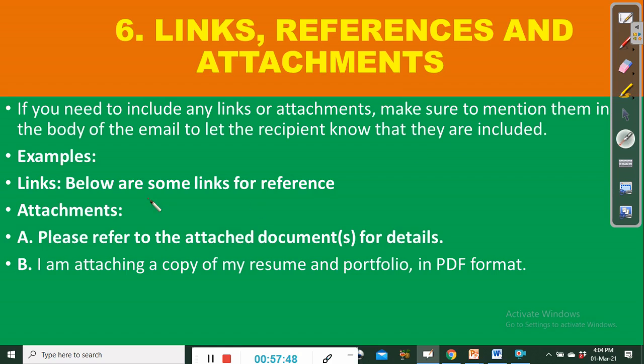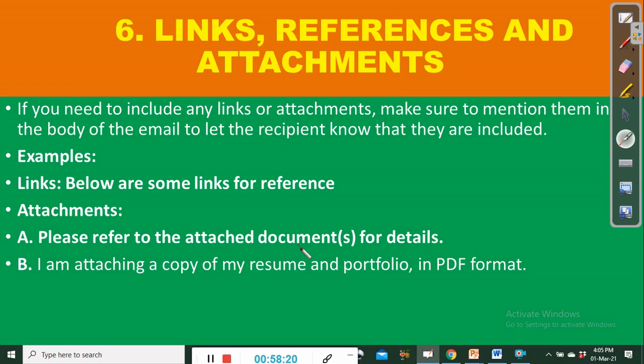Now, let's look at examples. If you are including some links, you can say below are some links for reference. And then immediately after this, you include the links. Then, if you are sending attachments, you can say, please refer to the attached document or documents for details. If you are sending one document, then the attached document.